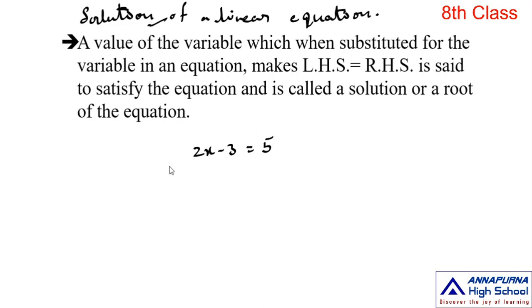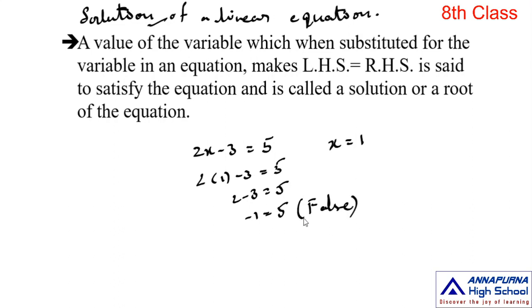That variable value we call solution. At x is equal to 1, that means instead of x, if you take 1, is this statement true? 2 into 1 minus 3 is equal to 5. 2 minus 3 is equal to 5. Minus 1 is equal to 5. Is it true? No, it's a false statement.